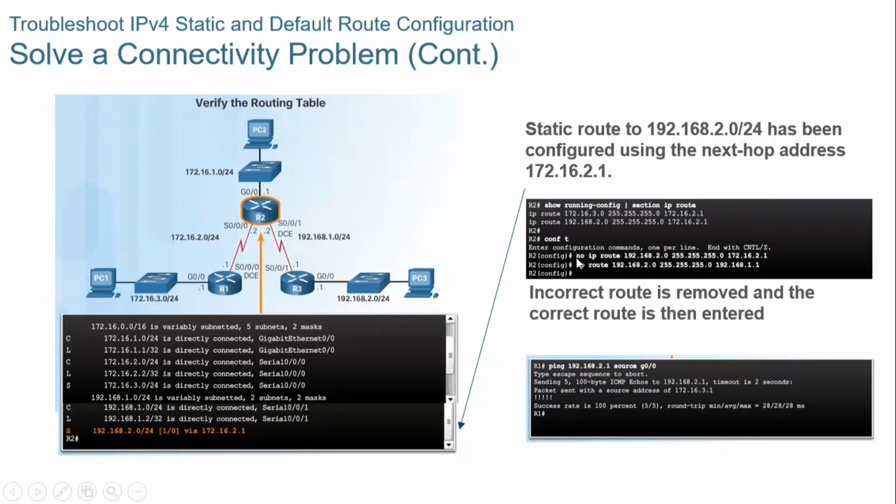Whenever you want to delete a configuration, you just type no in front. So no ip route 192.168... It will be deleted, and you type the new correct one: ip route, the remote network, the subnet mask, and the next hop IP is this interface instead, 192.168.1.1. And then after that, in R1, when it pings, it will be successful.